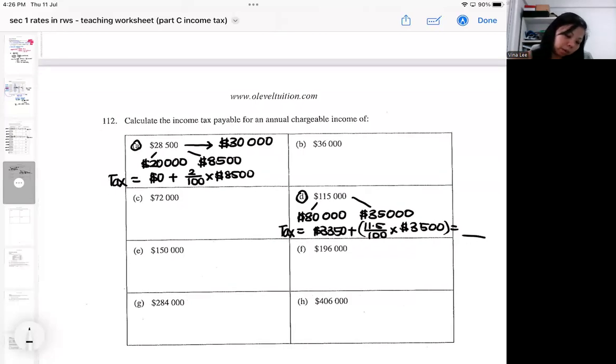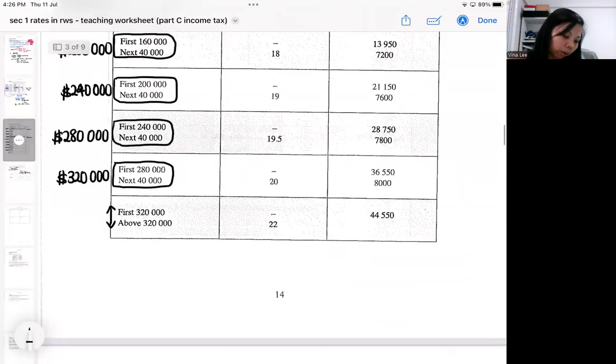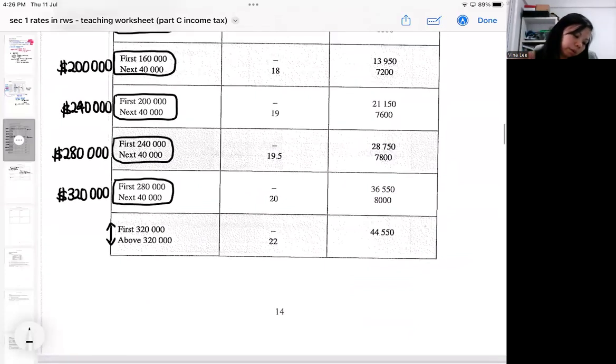So for example, this one, 284,000. So for 284,000, I should choose this bracket. This person earned 284,000. So the first basket is 280,000, and then the second basket is anything more than 280,000, but the maximum it can go is 40,000.